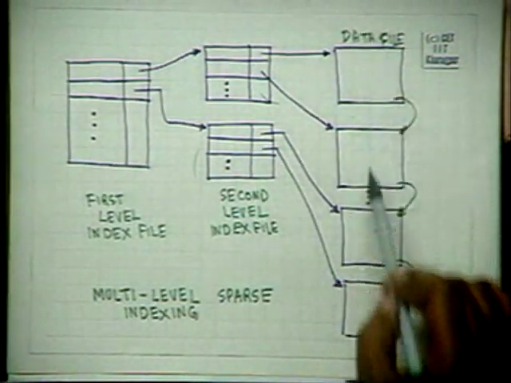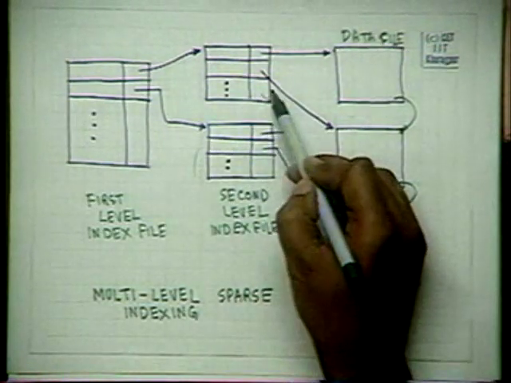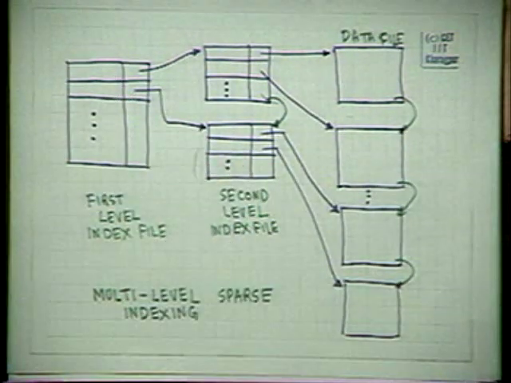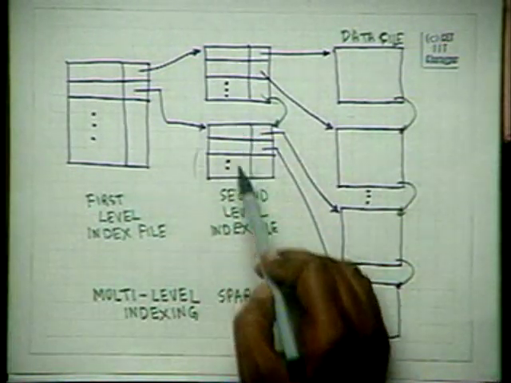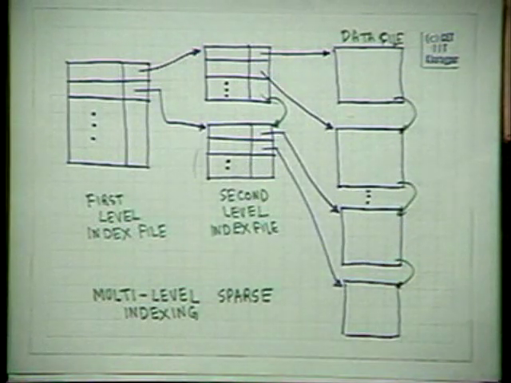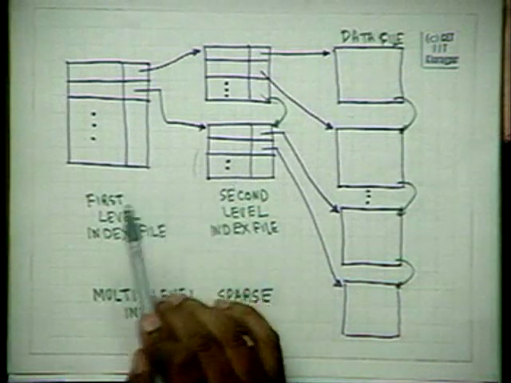As we discussed with block pointers, these are blocks, and this is the first level block. So you can have a multi-level scheme in which these are all blocks, and this points to the reorganization. 2 level, 3 level, 4 level.